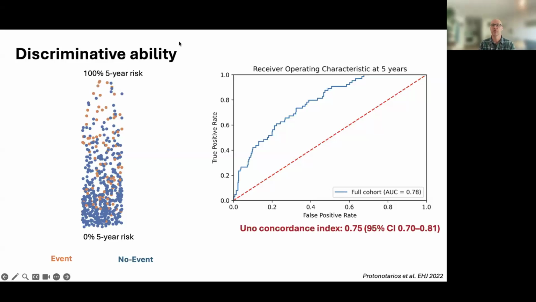Now, I wanted to bring up a few other points here. Sometimes it is said that C index or AUC reflects the predictive strength of my model and the strength of the predictors. And that's true. How I think about that is I have some predictors that may be good or not very good, and by having more data, I estimate the association between those predictors and the outcome better.